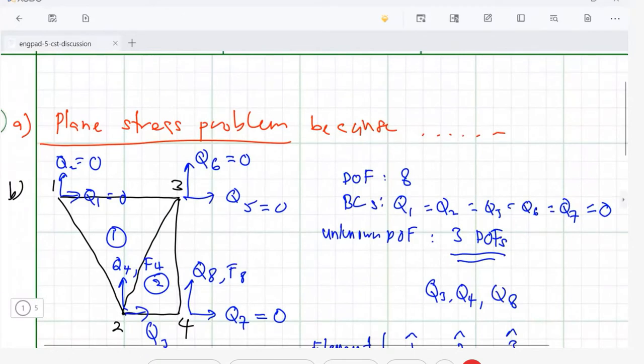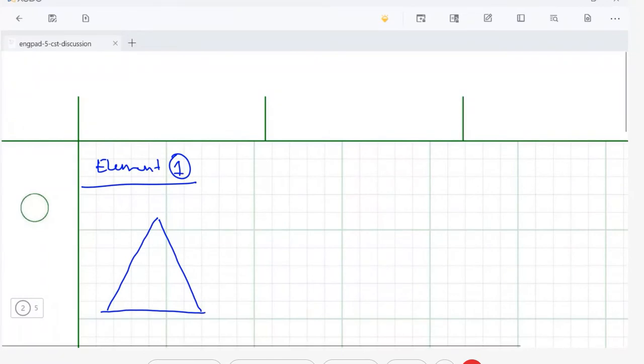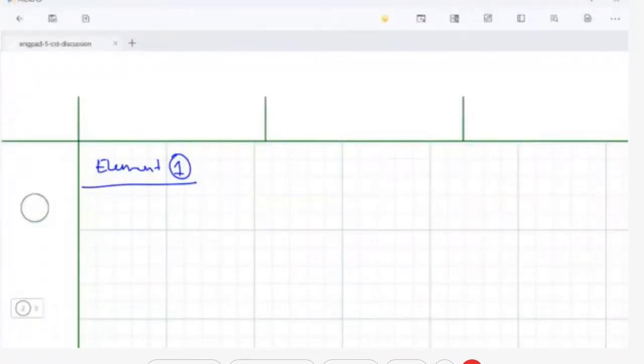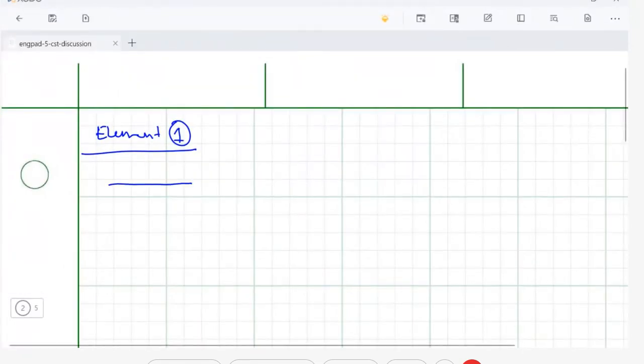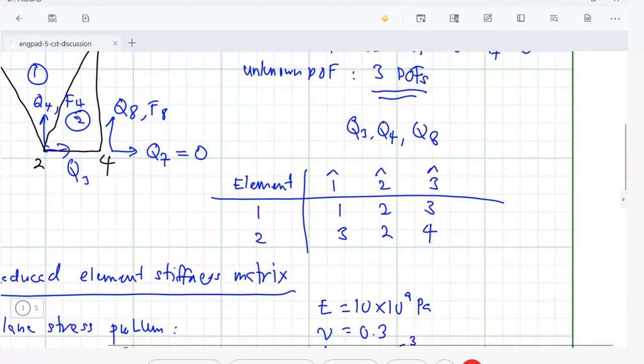So 1, 3, 2. When you do this CST, there are things that you need to be very careful about. For example, for element number 1, we take note that this is node 1 local, because of this element connectivity table.